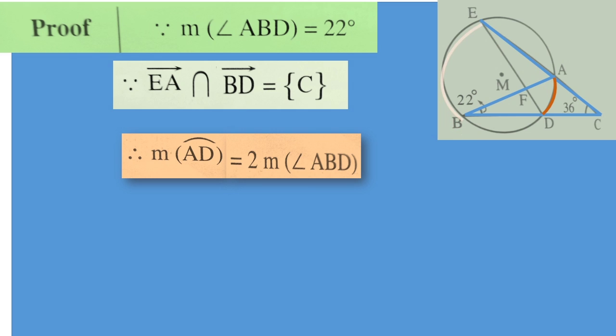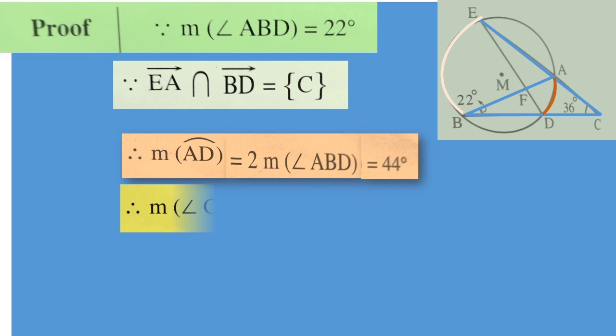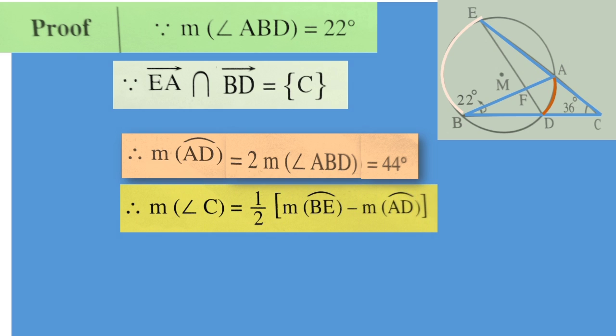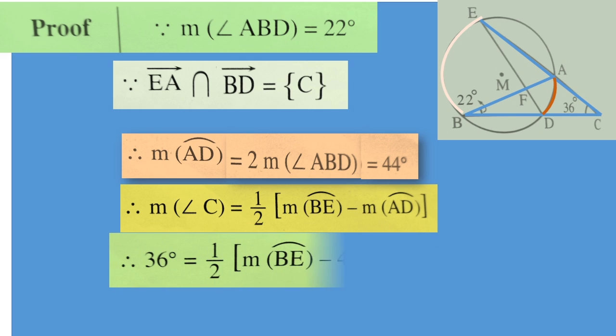The measure of angle ABD equals 22. Then the measure of arc AD equals 2 times 22, equals 44. Then the measure of angle C equals half of the measure of arc EB minus arc AD.